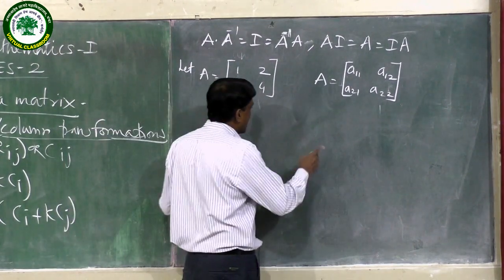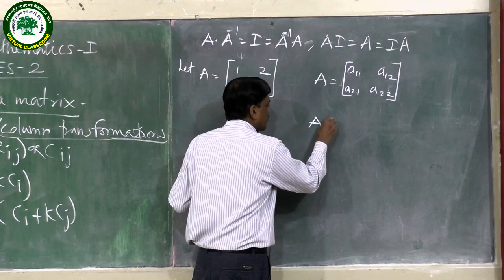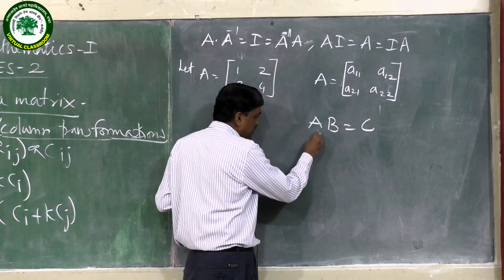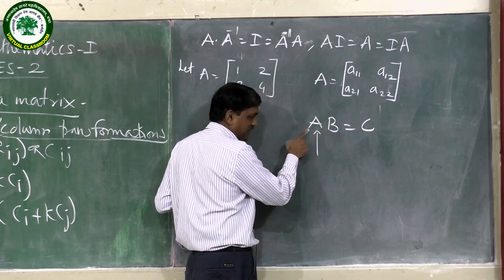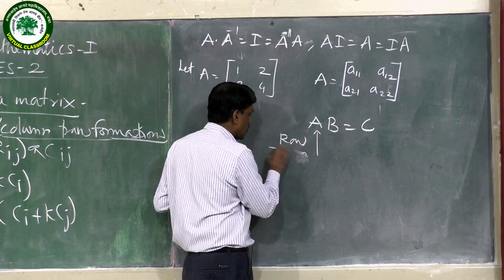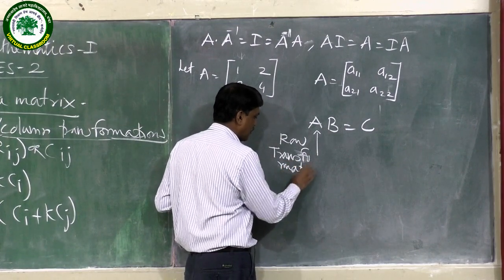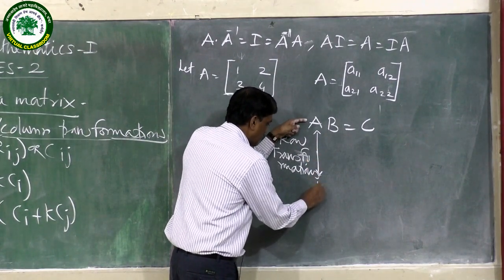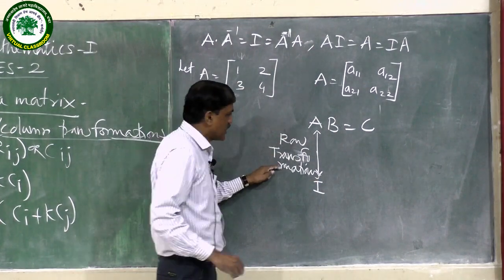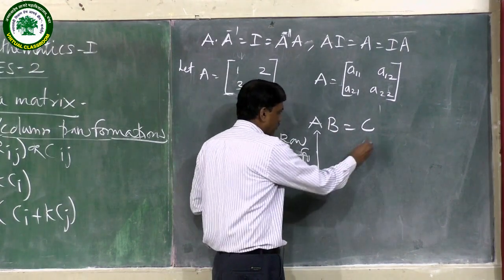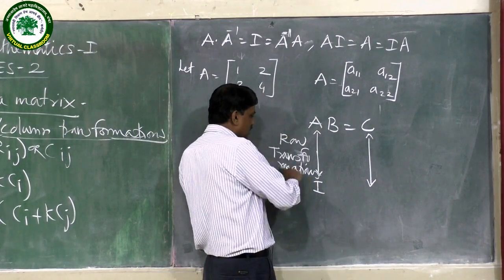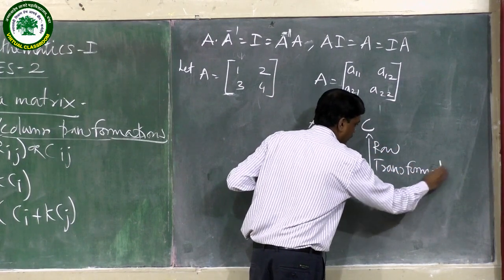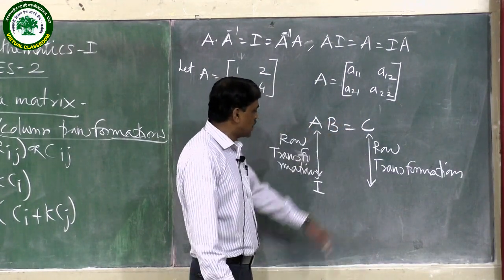See here, when we write A into B is equal to C, if there is a multiplication of matrices like this and we perform row transformations on the prefactor, on the first matrix, and we convert it into the matrix I using row transformations, and at the same time we perform the same row transformations on the matrix C, on the matrix on the right side, and the matrix converts into another matrix, say D.